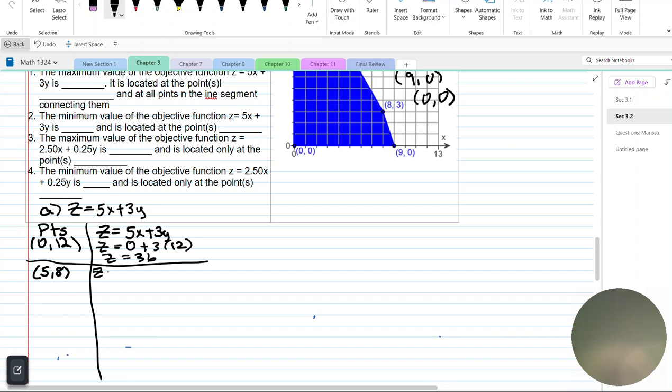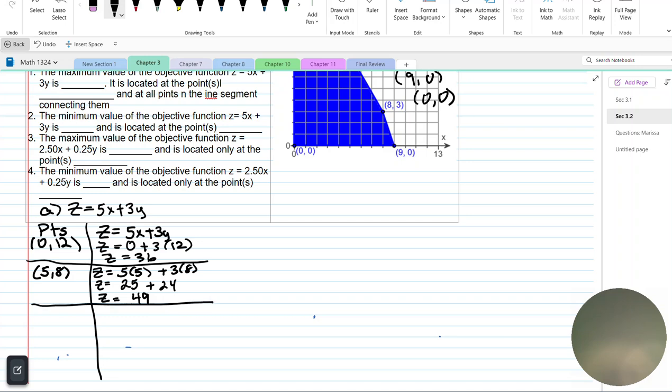So my Z is going to be 5 times 5 plus 3 times 8. I'm sorry, can't multiply, can I? 25 plus 24. Z equals 49. All right, that looks promising. Larger than the one we just did.